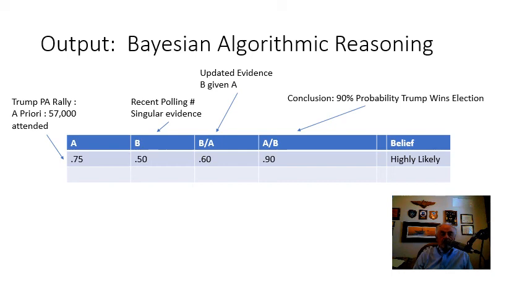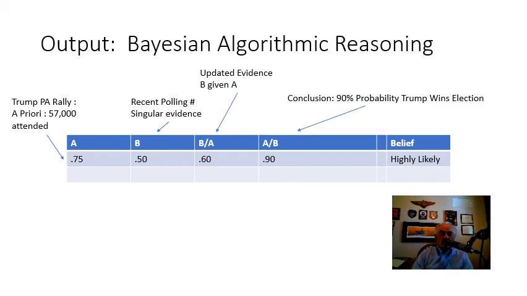Okay, and you look at that, and your conclusion, which is shown in evidence A given evidence B, after you have performed your calculations, the Bayes algorithm comes up with 90% probability that Trump wins the election.